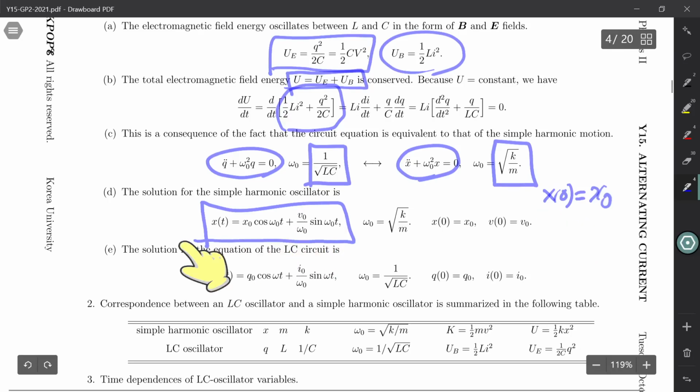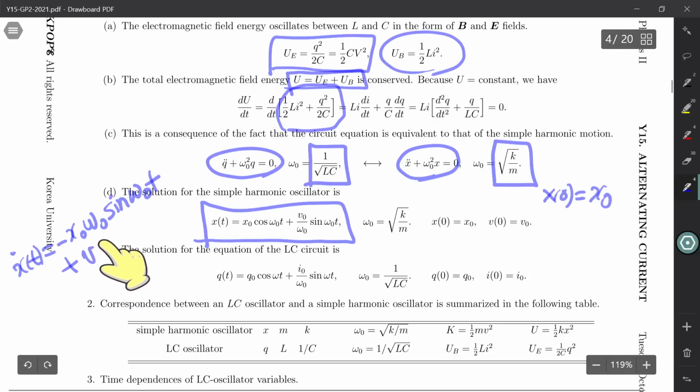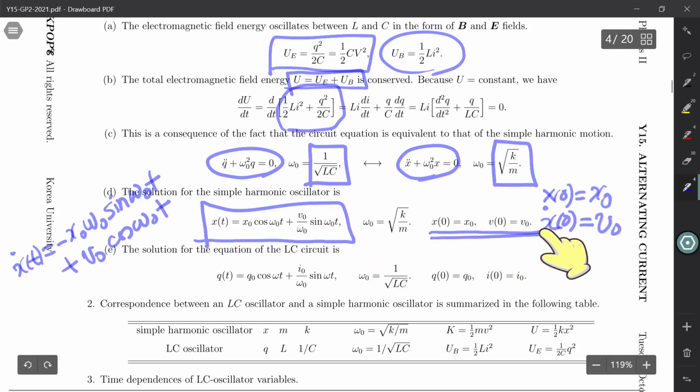And if I take the time derivative, x dot of t equals minus x0 omega 0 sine omega 0 t plus v0 cosine omega 0 t. If we substitute t equals 0, x dot 0 is v0. That's correct. So this is the general solution satisfying the initial condition.